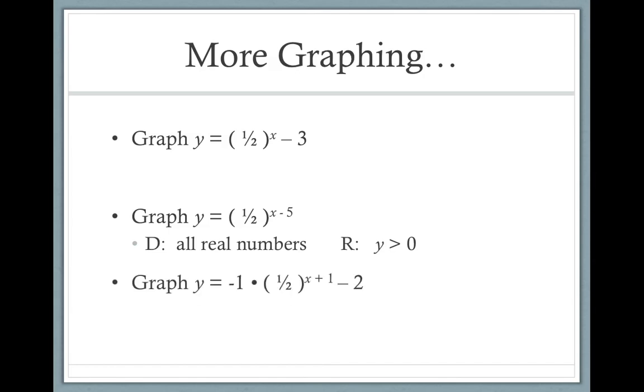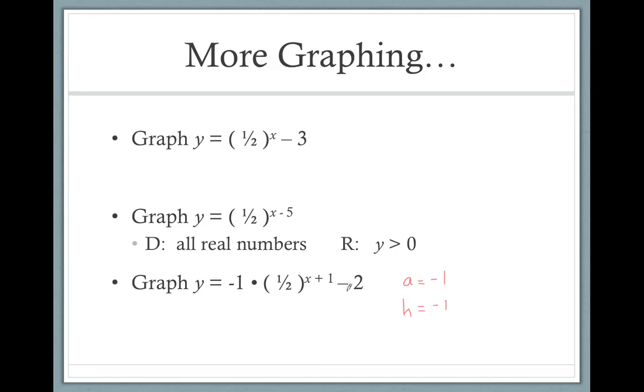Okay, let's take a look at one more that's got lots of things going on. Now we've got an a value, which is -1. We have a number up here, so we're going to have an h value, and in this case the h is also -1, because remember it's the opposite of what it looks like.